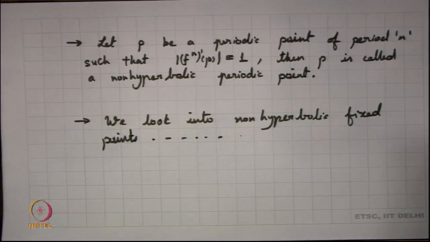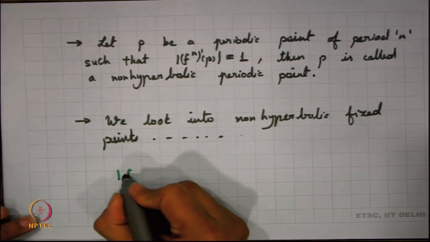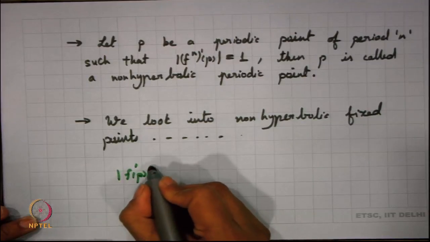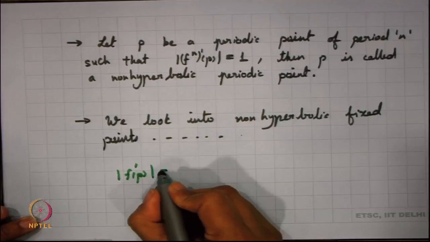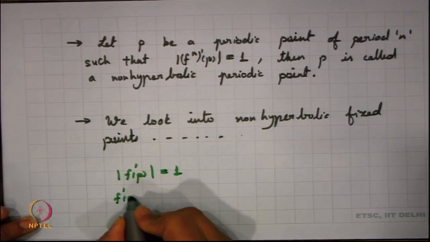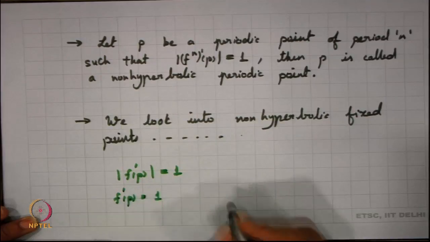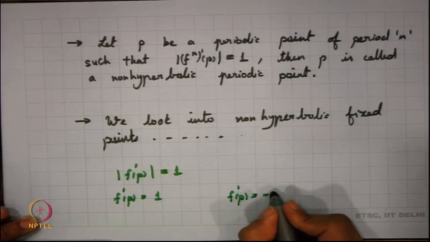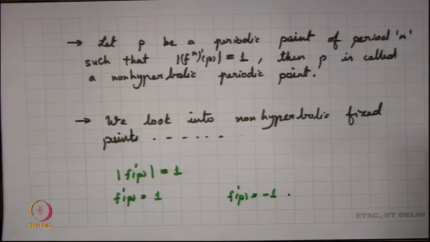Now, non-hyperbolic fixed points will have two varieties. This is basically when mod of f prime of p is equal to 1, and this has two cases. I have that f prime of p is exactly 1 and the other case is that f prime of p happens to be equal to minus 1. So, we have these two cases.